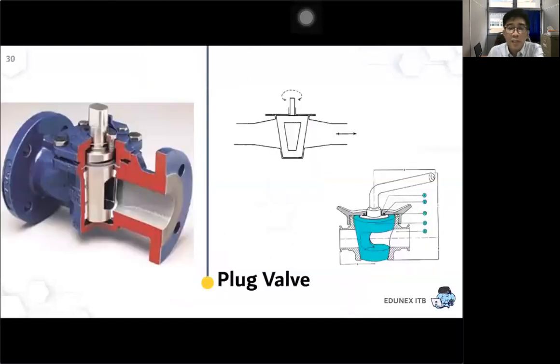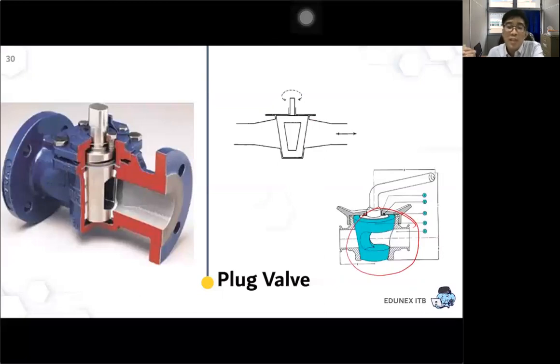Okay, the other type is plug valve. The inner part of the plug valve is like this. Plug valve is a bit similar to the gate valve. If it's open, it means the liquid will be flowing freely inside the pipe.